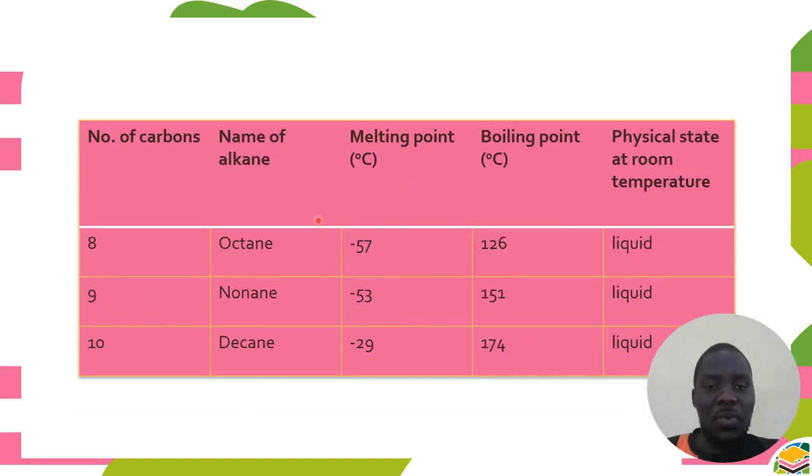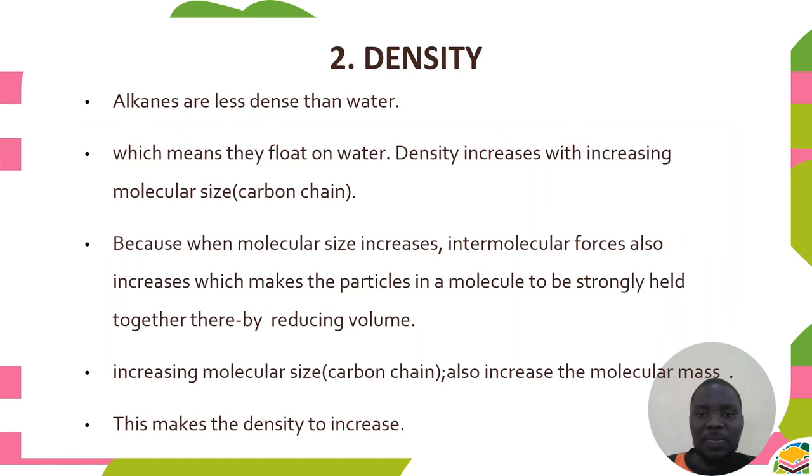Here it's a continuation of the table. We have octane, which is 8, nonane, and decane, and the values can tell. The melting point is still increasing going down, while the boiling point is also increasing as we are going down, and all of them are found in liquid state at room temperatures.